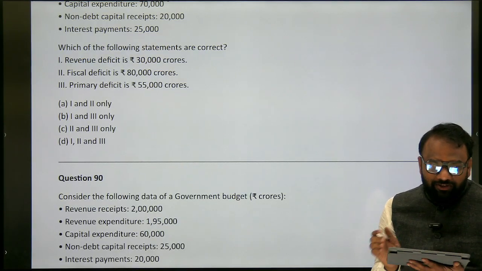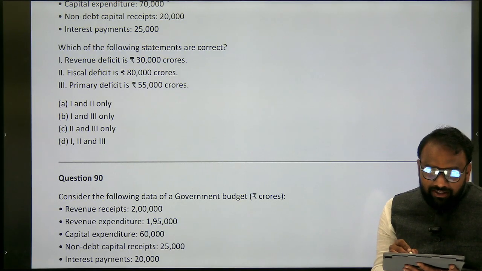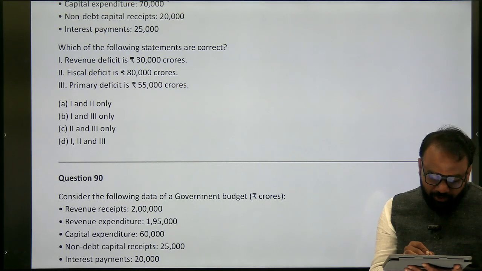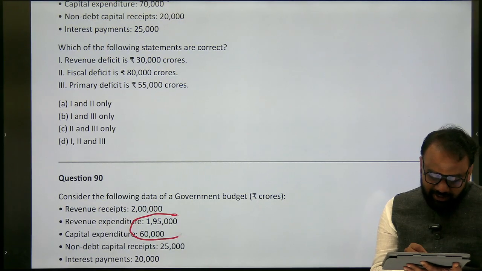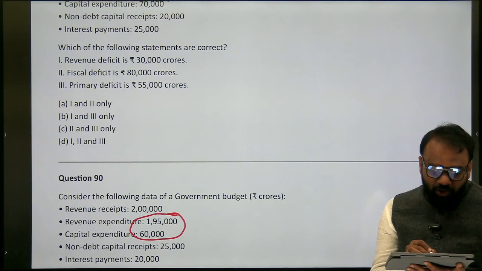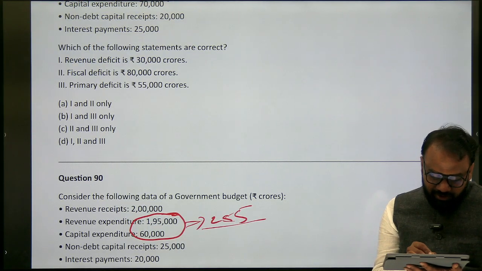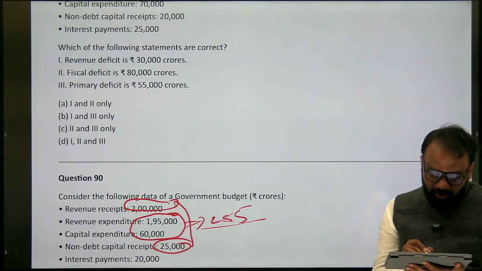What's the fiscal deficit? Yes, 30,000. All of you are getting the same figures. So what did you do? You added which two values? Revenue expenditure plus capital expenditure, so total is 2,55,000. Next, receipts 2 lakh plus, so it is totally 2,25,000.